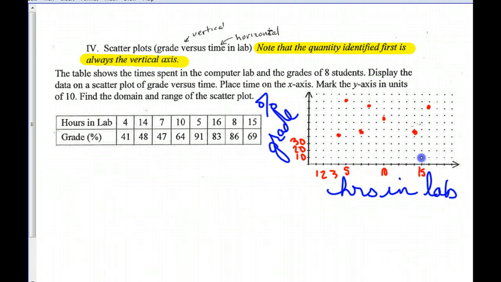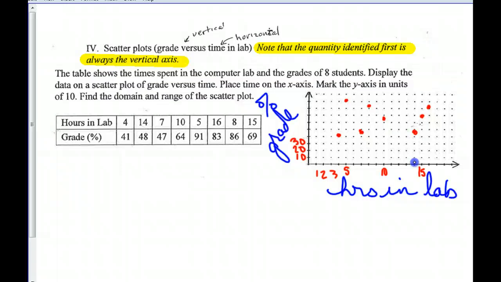And 15.69. Did anybody else get a scatter plot that looks vaguely like mine? Oh, it did even tell us to count in tens on the Y.